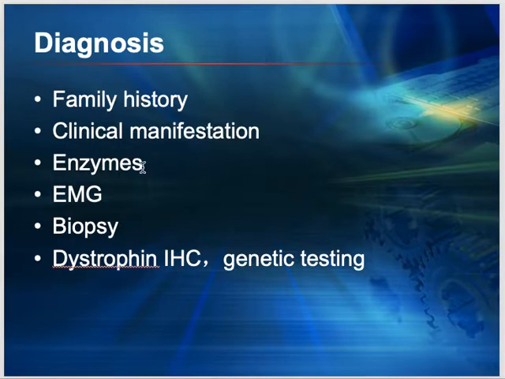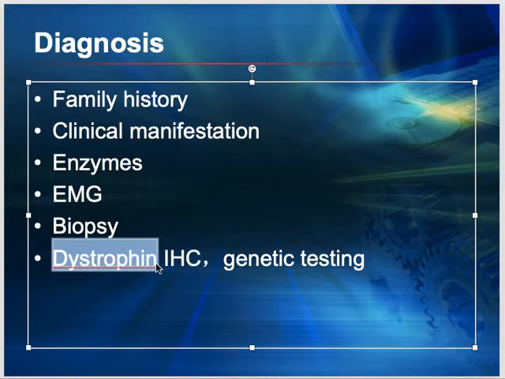We can check the enzymes, CK, LDH, we can do EMGs, we can do biopsies. The diagnosis will be made on this thing, guys, genetic testing. Molecular genetic diagnosis, simply this gene will be absent.